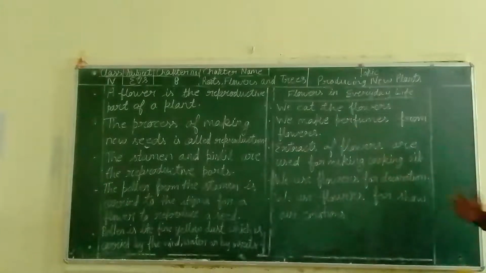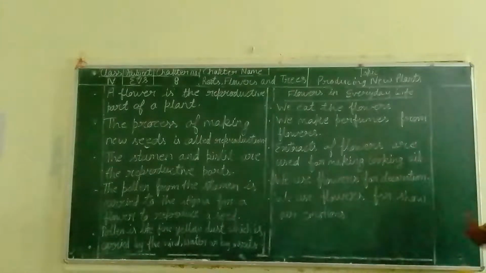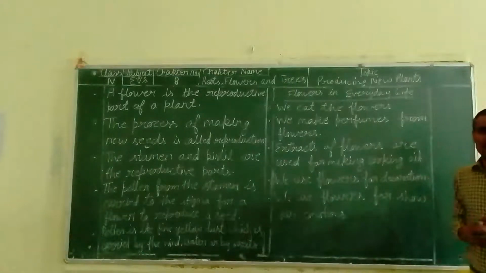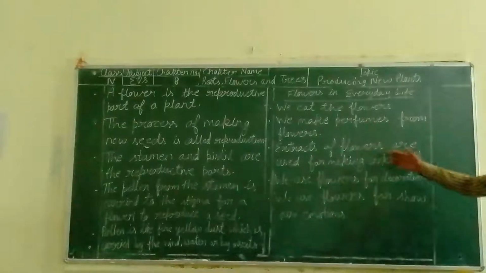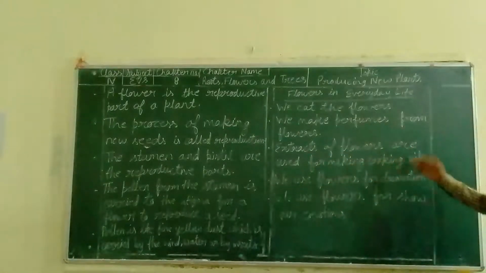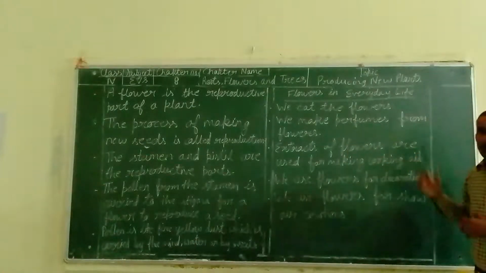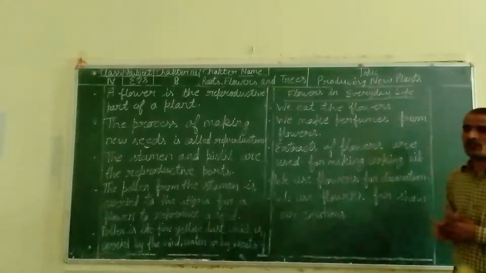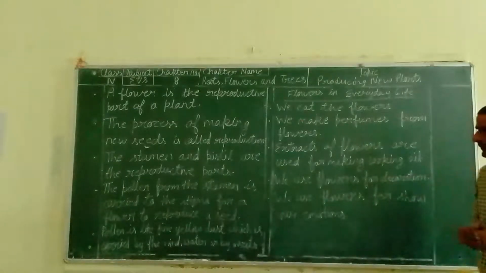The flower has a sweet smell, and because of this quality, flowers are used to make perfumes, soaps, lotions and other things in which a good smell is necessary. Extracts of flowers are also used for making cooking oil, which we use in cooking.